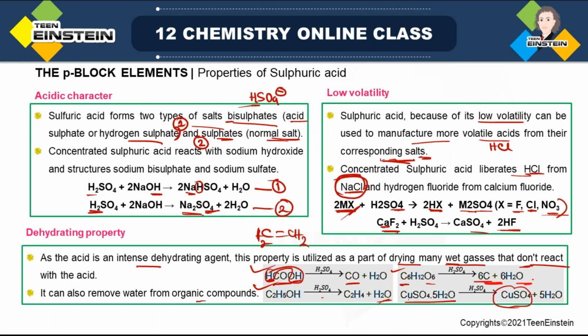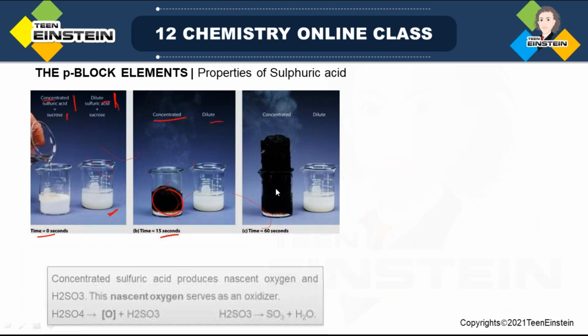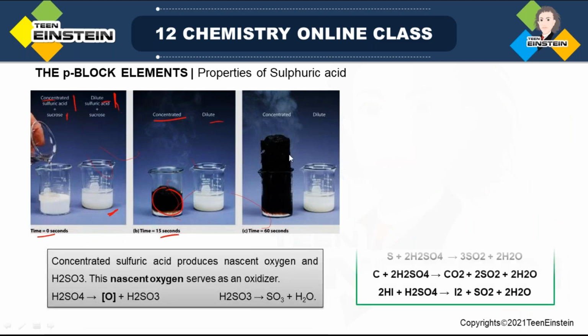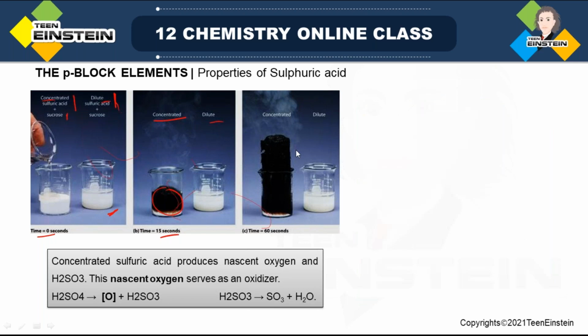Here 6 carbon and water molecules will be removed. So because of this carbon formation, we are getting this black mass. But in the dilute H2SO4 beaker, the second beaker, see, there is no change. So it proves that only concentrated sulfuric acid can absorb water, but not dilute sulfuric acid.